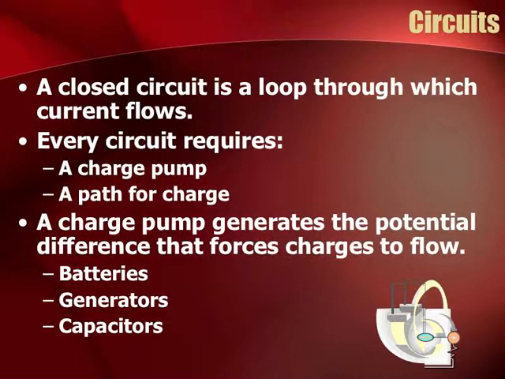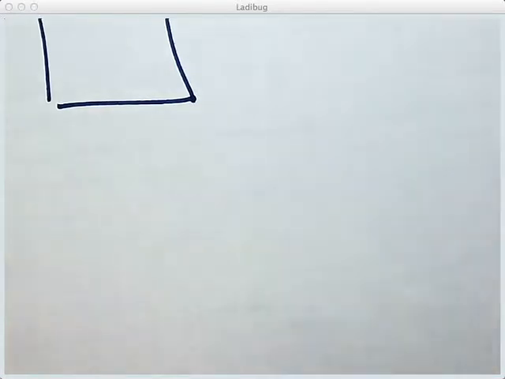And those actually work. The battery and the capacitor work kind of similarly, and the generator is going to work just a little bit differently. Essentially, the battery and the capacitor. The example I like is our example with the bucket of water.